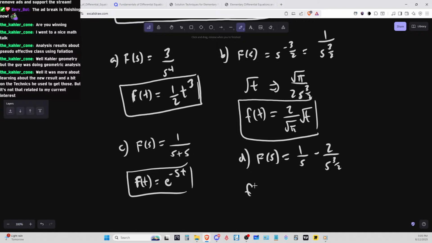Okay, so I think with the practice we put in, this is 1, and I think this one will be the square root of pi over 2 s to the 3/2.